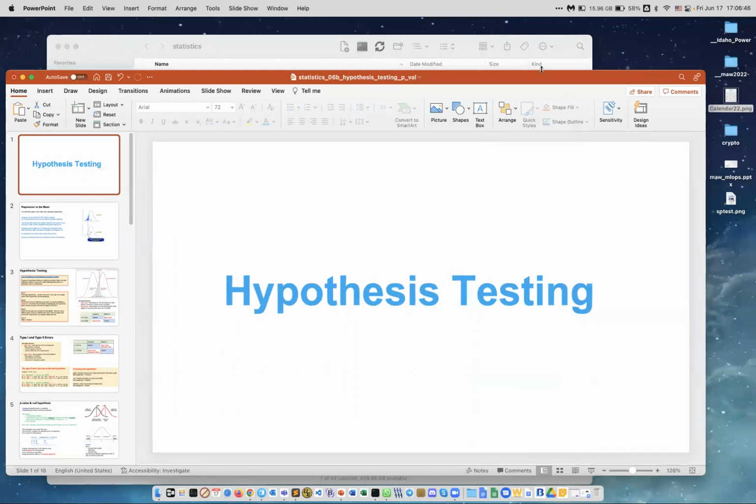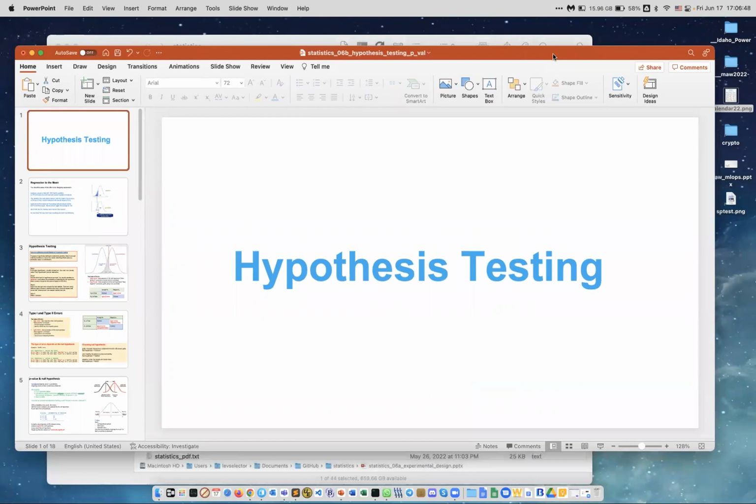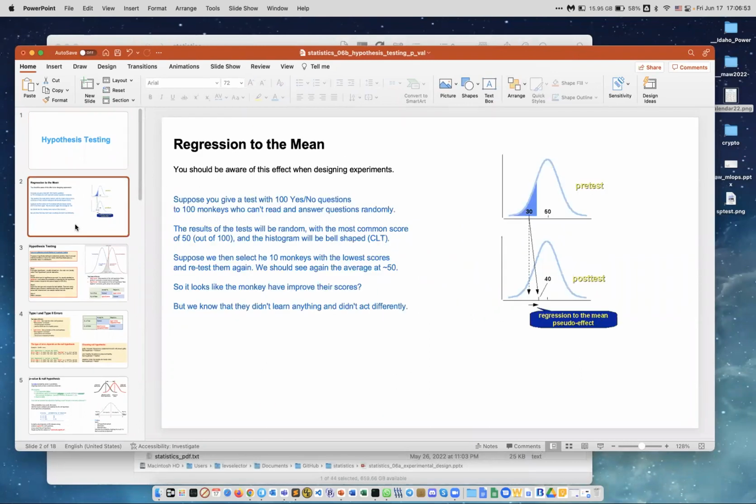Next slide deck, I will talk about hypothesis testing. And hypothesis testing is a tricky thing, right? So here is a well-known example of regression to the mean. The idea is, it's about designing experiments, right?